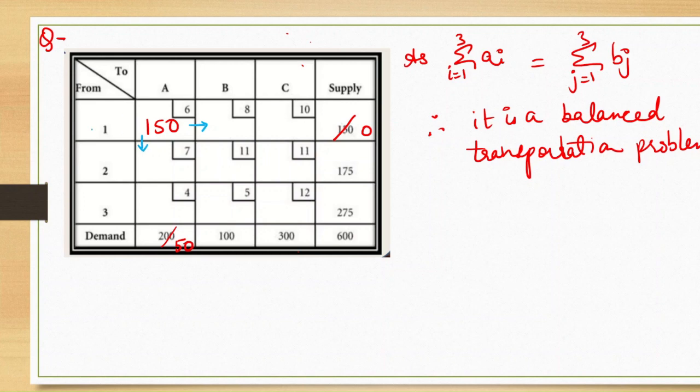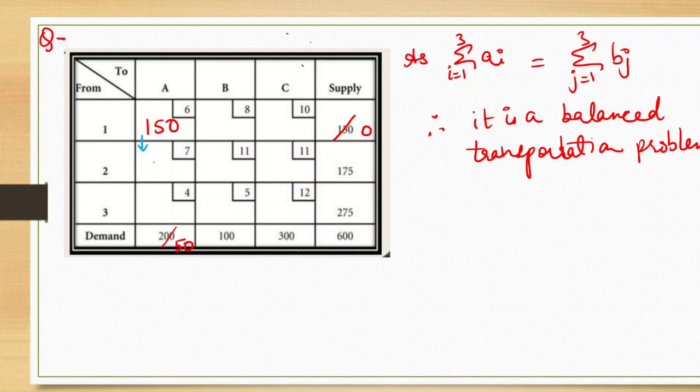Source 1 has already met its supply, so we can't move here. I'll not be considering it, so I'll just delete that. I'll be moving downwards and talking about source 2.